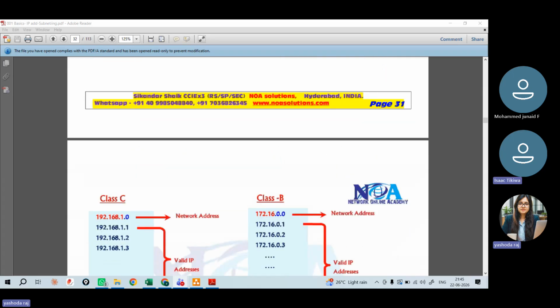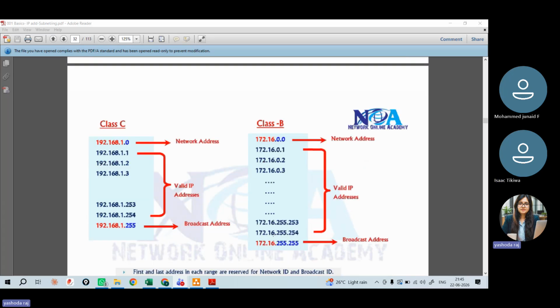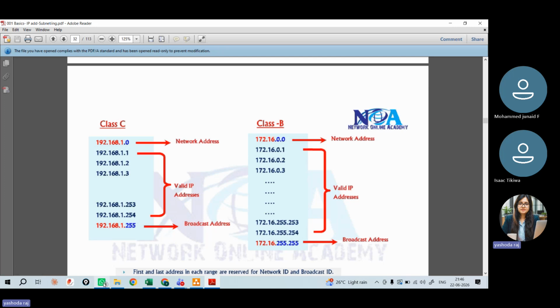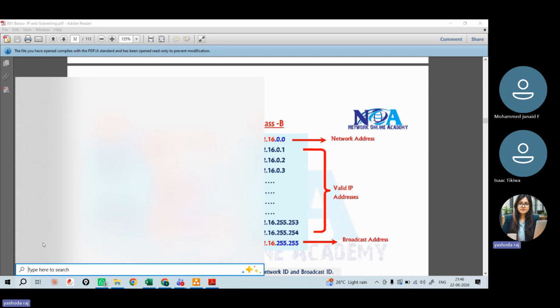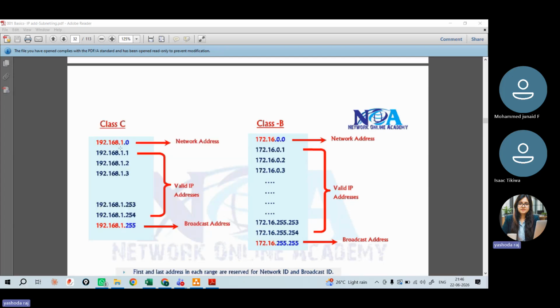This is a class C IP address. What is the IP address which starts from class C? It's from 192.168, right? That is a private IP address we are going to start with. So that is the example given here. Take 192.168.1.0, the first address itself.